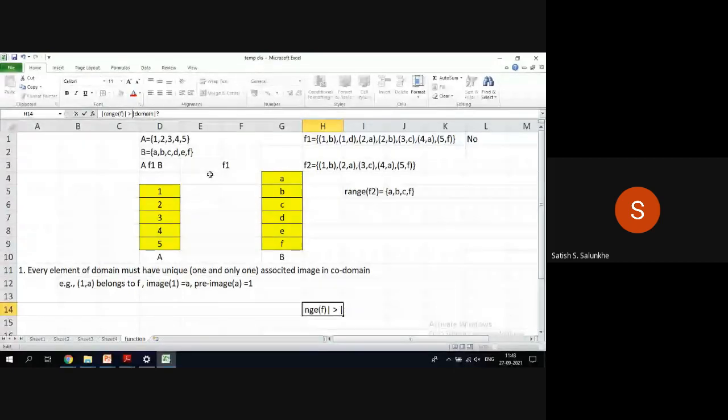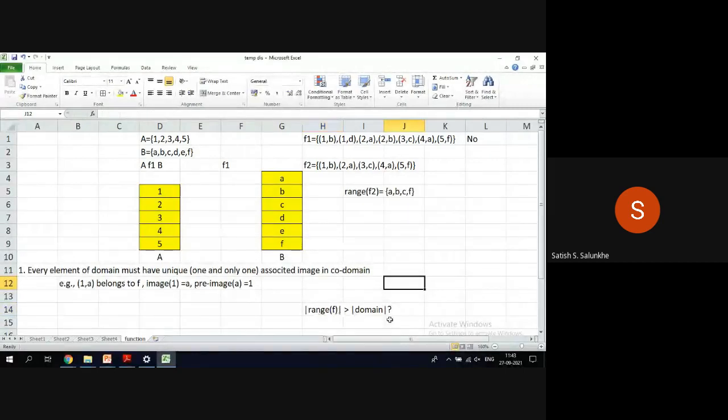Yes or no? Viraj, tell me quickly, is it greater than domain always? It is still smaller than the domain, the domain is 5. That's what I am asking: less than domain, always greater? Less than or equal to domain? Greater than or equal to? Less than or equal to?